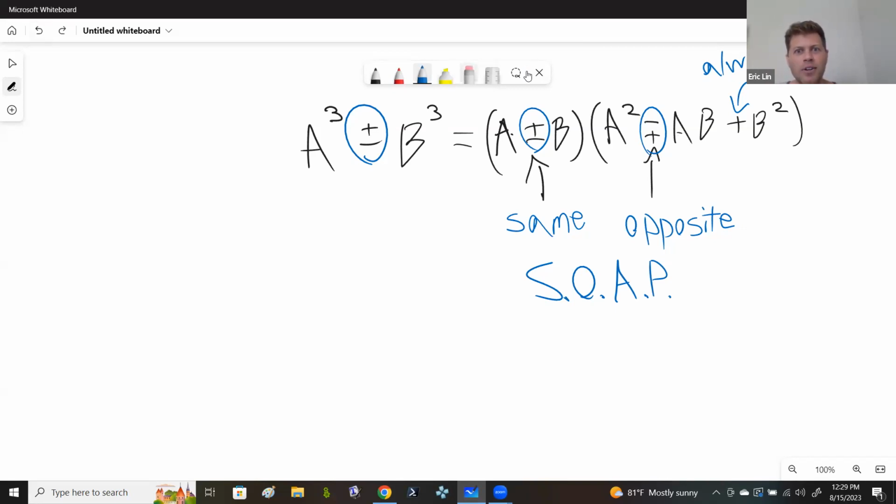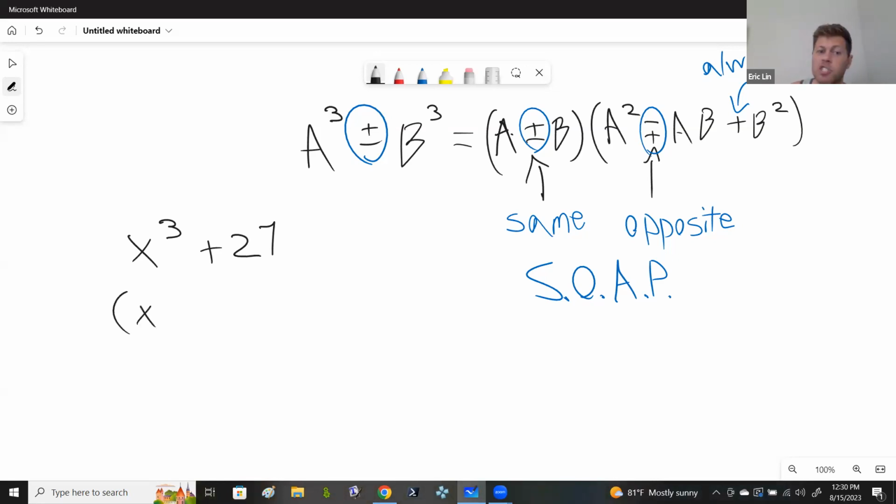So let's go ahead and once again make an example. I'll just go with the classic. Let's say x to the third power plus 27. Now what I'm looking for is what did I cube, not what did I square, what did I cube to end up here?